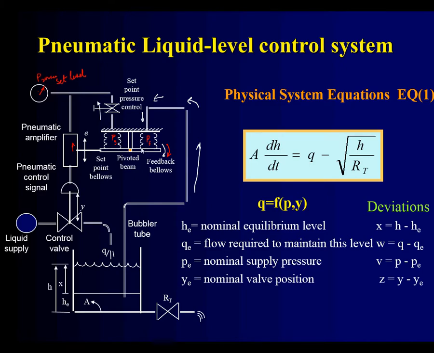So if the pressure from feedback is bigger than the pressure from set point, this opens and then the fluid goes in. But if the pressure is not enough, if the pressure here is bigger than the other side, this is going to be down and it's going to be closed.